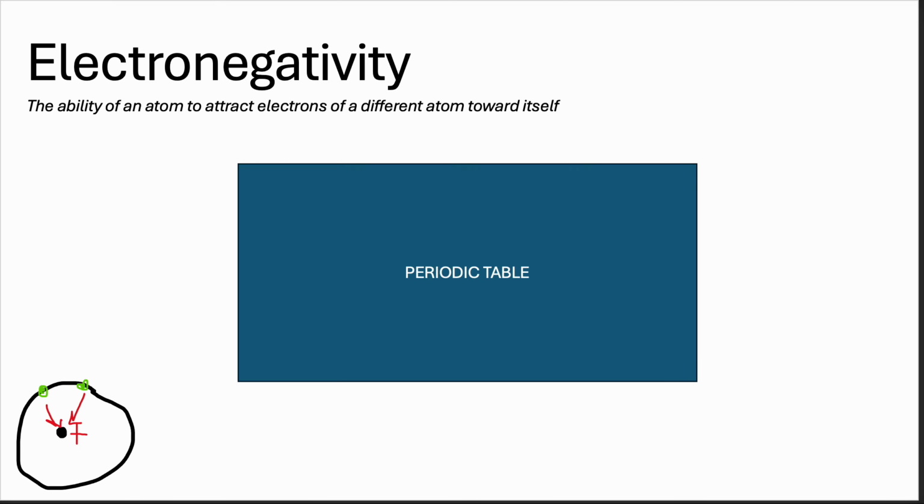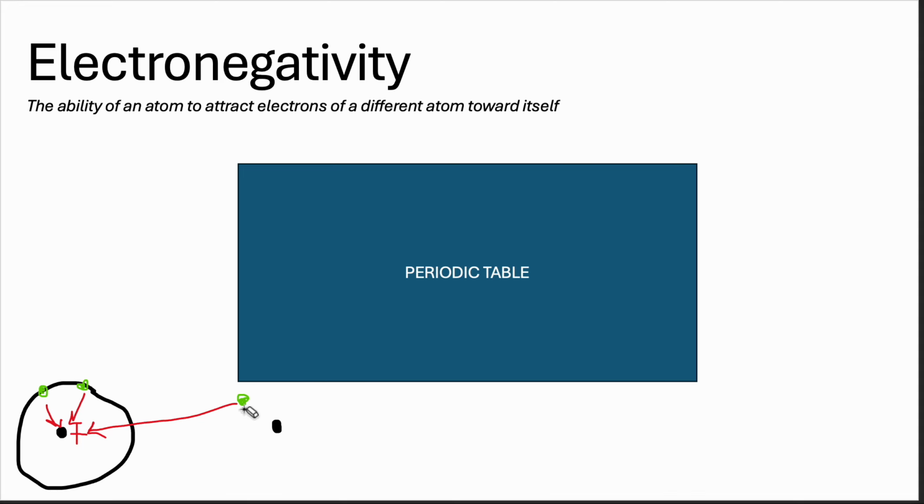But electronegativity is saying, hey, that attraction doesn't have to just stop at our own atom, but I can actually start to attract electrons of a different atom toward myself. So I can take my positively charged nucleus and say, hey, I'm going to attract this electron toward myself as well. And the bigger the electronegativity is, the bigger that ability is.